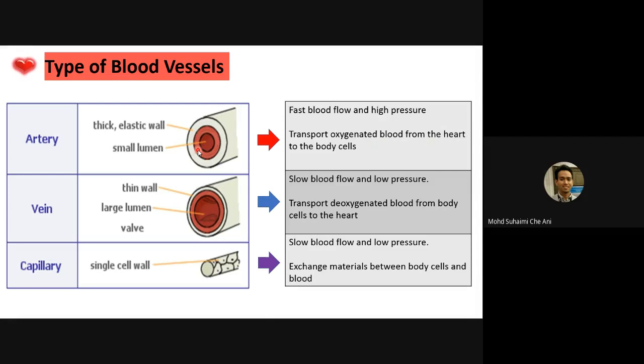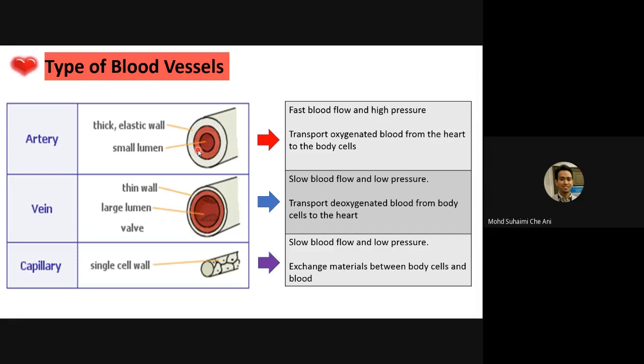When you have a small lumen, the blood flow inside will be very, very fast. Imagine you have water pipes, one with a small hole, another with a large hole. Which one will you see the speed of water is higher? It should be the smallest one, right?